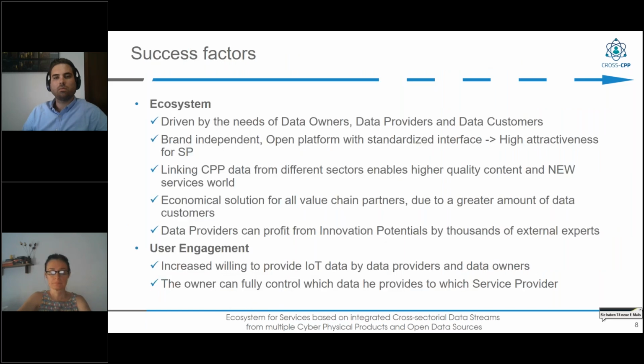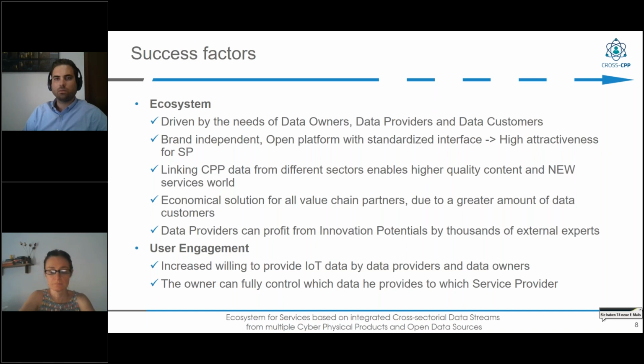So just summarizing everything very shortly, we can say at the end that the whole need of the system, the whole design and functionality which we have implemented, is driven by real needs of our service providers, data owners and data providers. That's nothing which we devised from our RTD perspective. That's something which really comes from the needs of the market. The solution at the end is an open solution, which is really brand independent, so open for the integration of information from really different sectors.